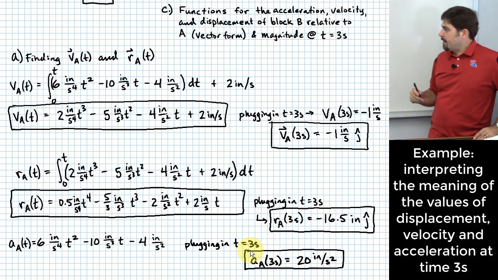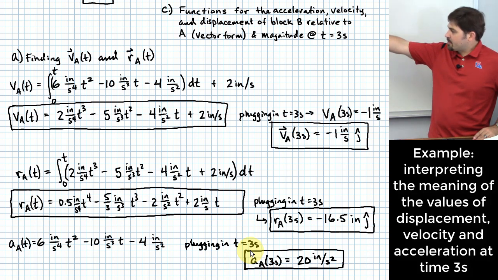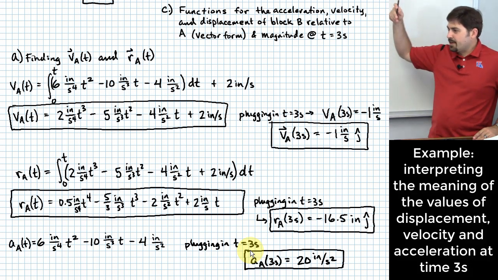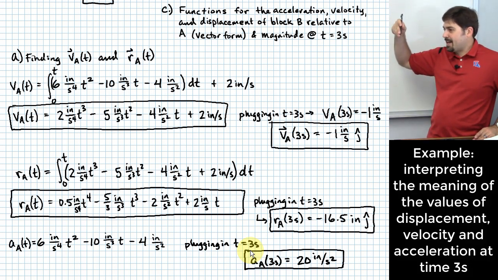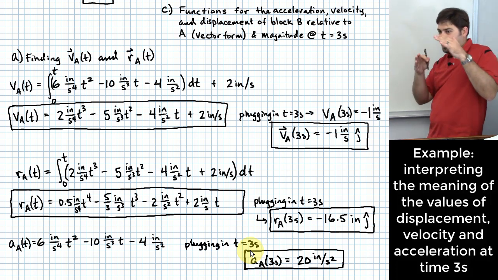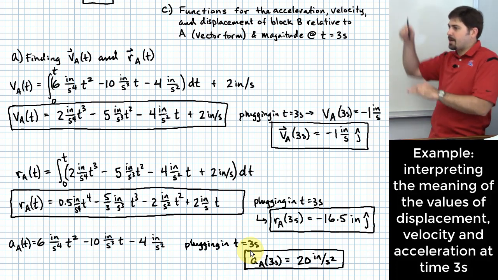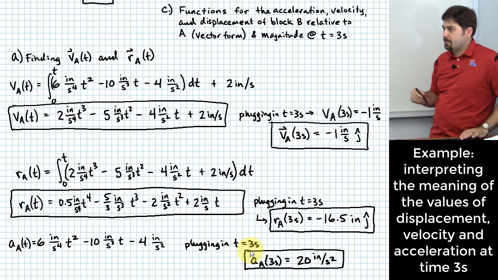The velocity is actually negative still, even though we've started to pick up speed going upward. Really we're slowing down how fast it might be going down, and at some point it will reverse direction and start going back up.